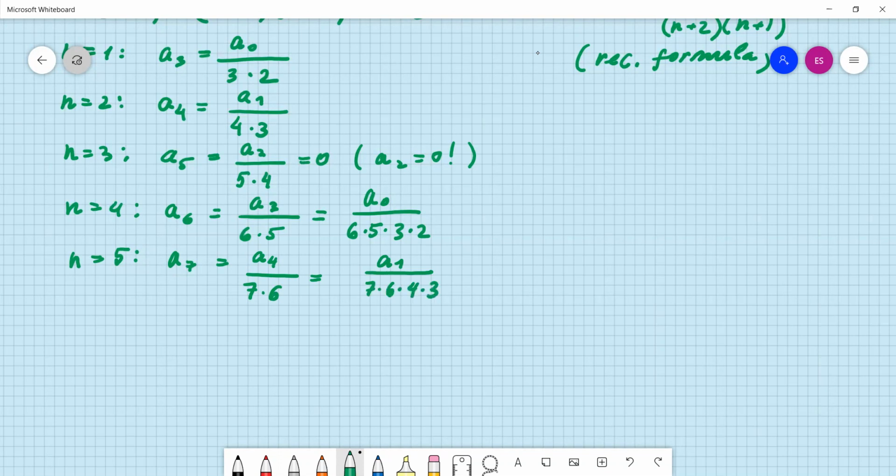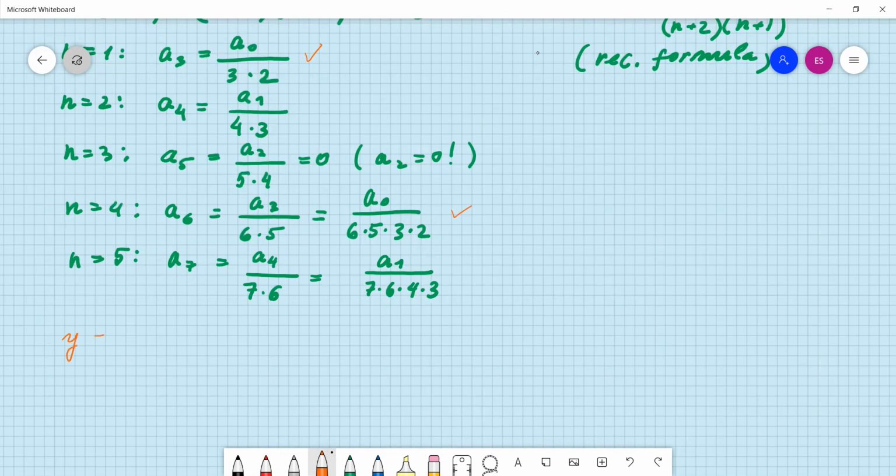Now I'm going to write down all the terms and then separate terms with a0 and terms with a1. Let me take a different color. So what are the terms with a0? This one has a0 and this one has a0, right? So I'm going to write down that y equals a0. Well, maybe I should write down the series first. That's going to be too complicated if I start doing it right away.